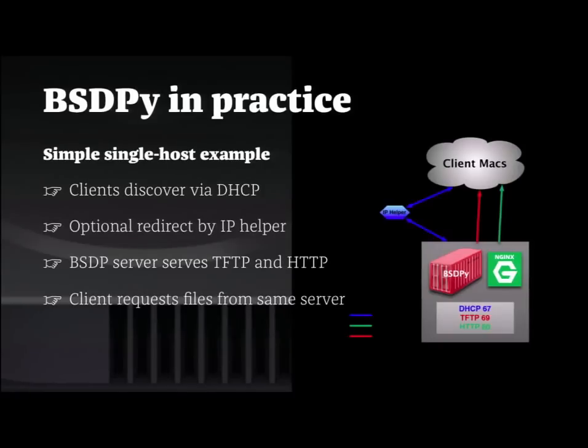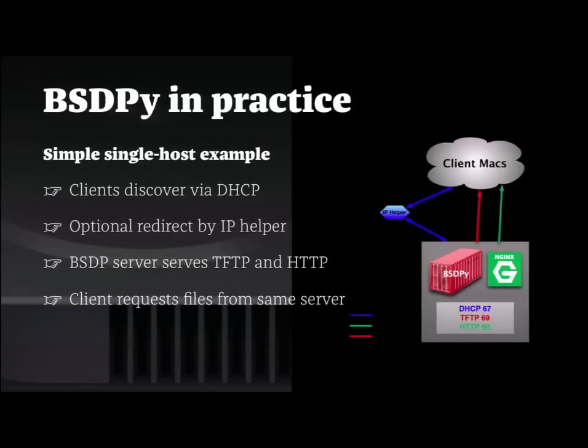So I have some more pictures here that hopefully may make it a little clearer. For the single host example, I use a container because this is from my own infrastructure, so it's Docker, but just pretend it is a blob. So to recap, basically, clients do the discovery via DHCP.